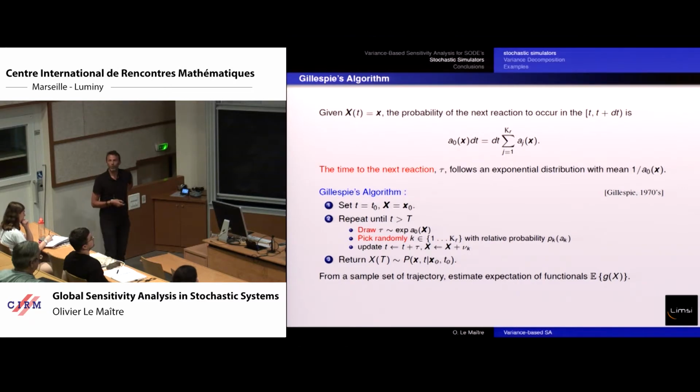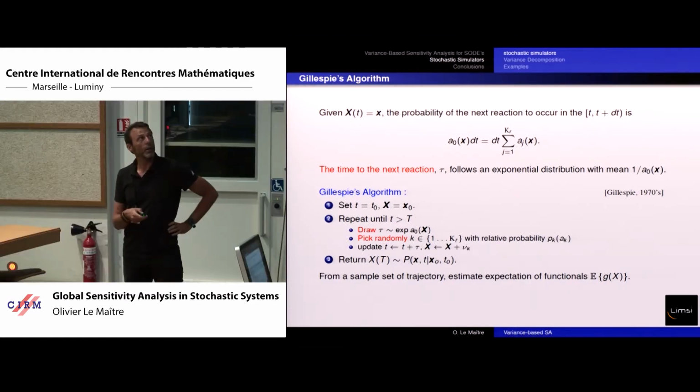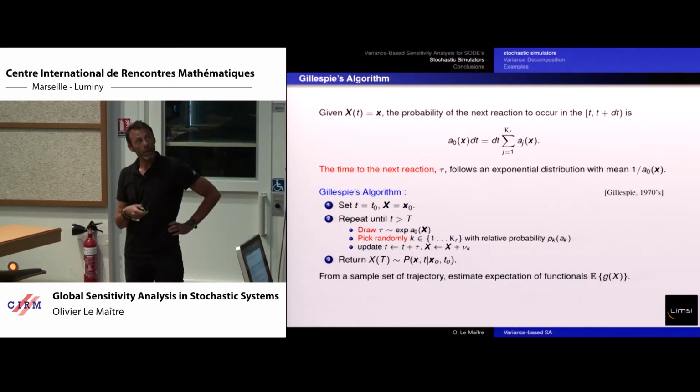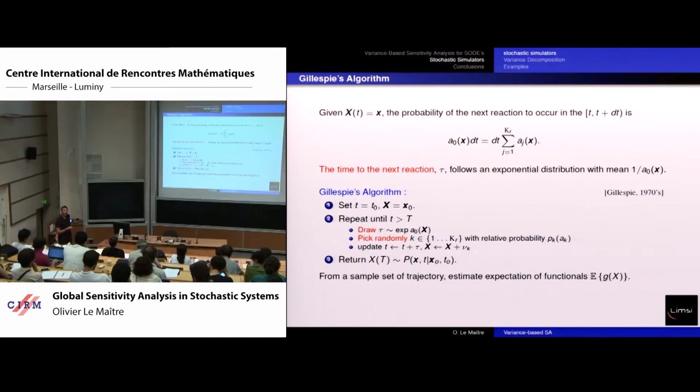There are plenty of techniques to solve this type of equation, but what we consider is the Gillespie algorithm, which is an exact approach for this system. You keep track in time of the evolution of the system by jumping from one reaction to the next.